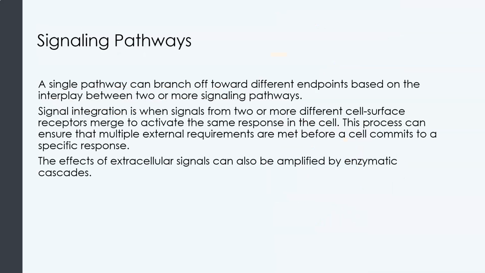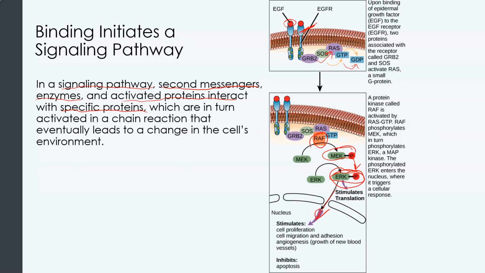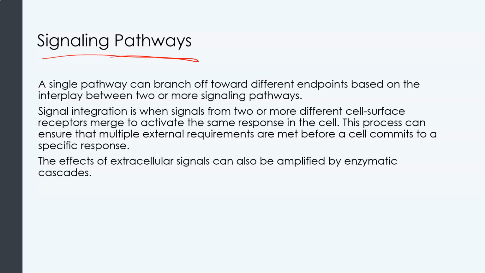A single signaling pathway can branch off toward different endpoints based on the interplay between two or more signaling pathways. As we saw here, this was one example, and then this was another example of how the same signaling pathway could work. Signal integration is when signals from two or more different cell surface receptors merge to activate the same response in the cell.